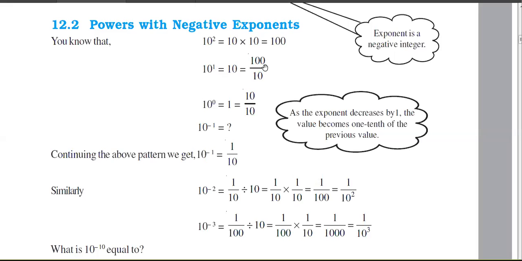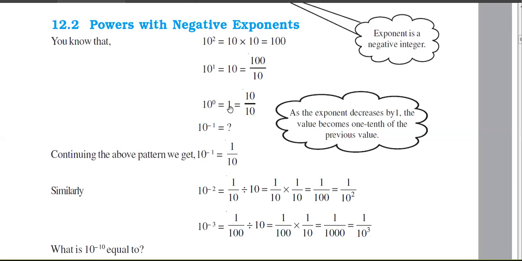So you see that it becomes 1 by 10th of the earlier value, 100. Just compare 10 and 100. It reduced by 1/10 of the earlier value. 1 by 10 into 100 will be 10, smaller than 100.